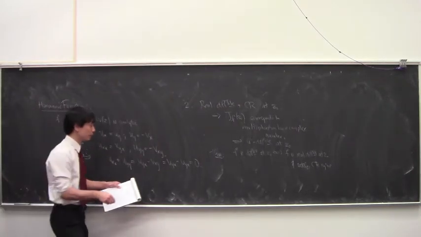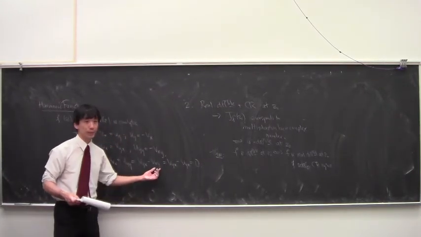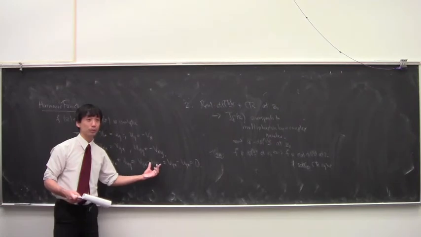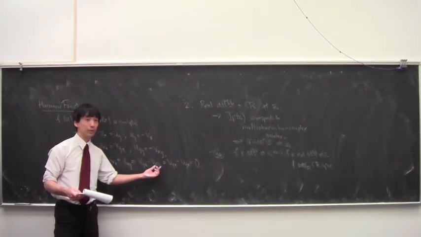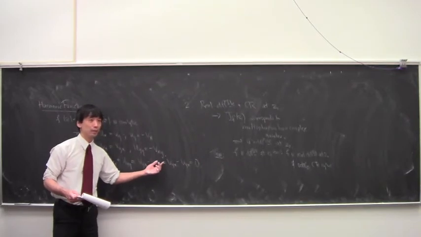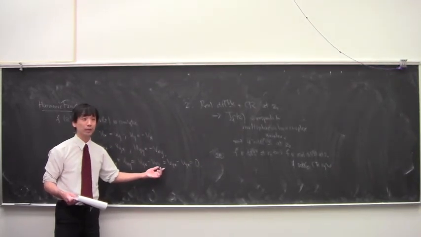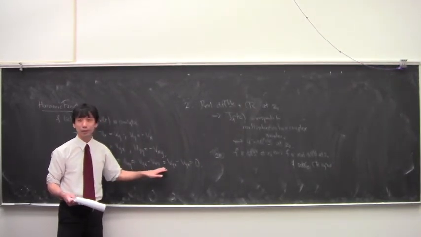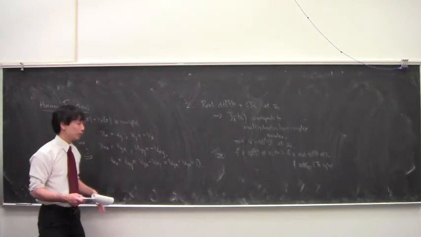It's a little bit fishy, because you can't just switch the order of partials whenever you feel like it. You have to have some continuity conditions satisfied. But we'll later see that those continuity conditions are satisfied. So this is actually legal, although it looks fishy right now.